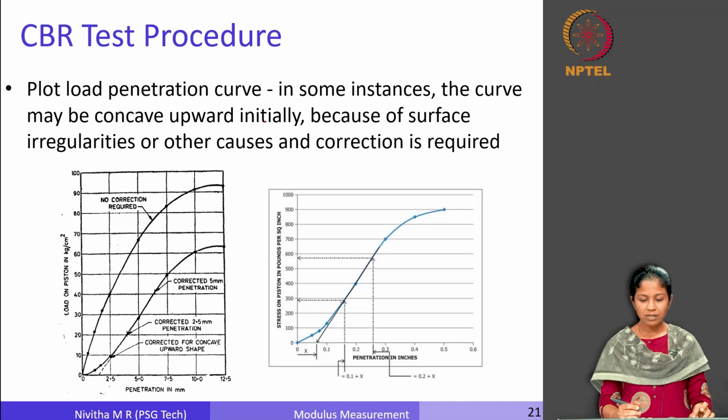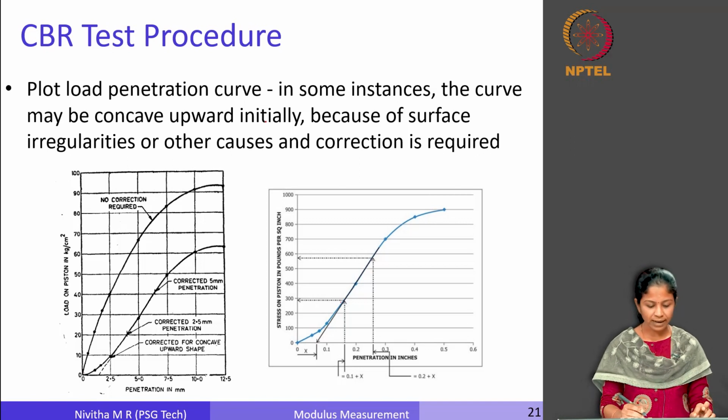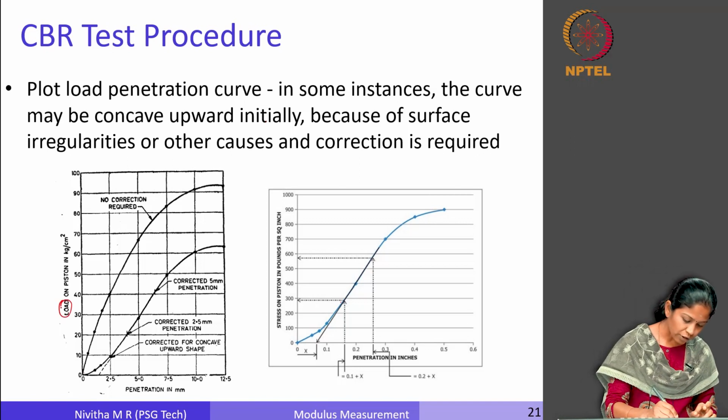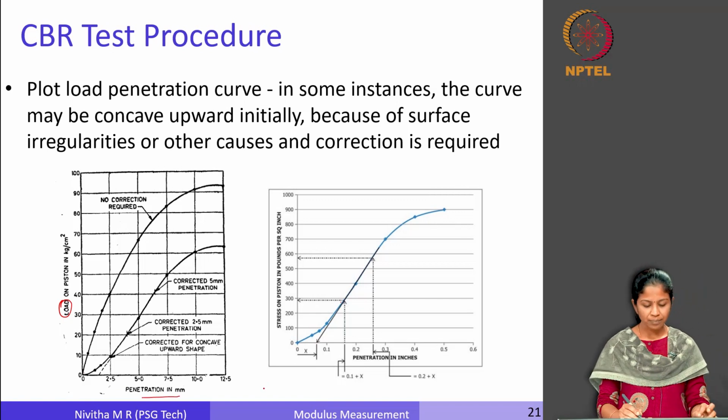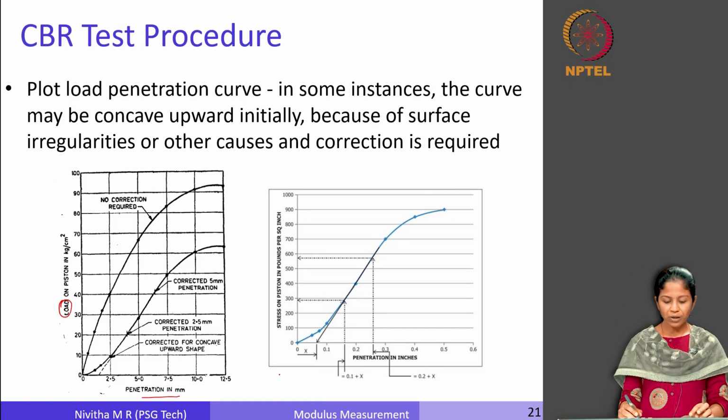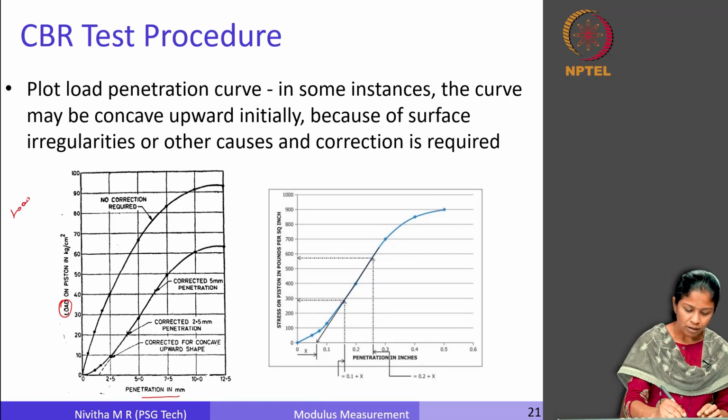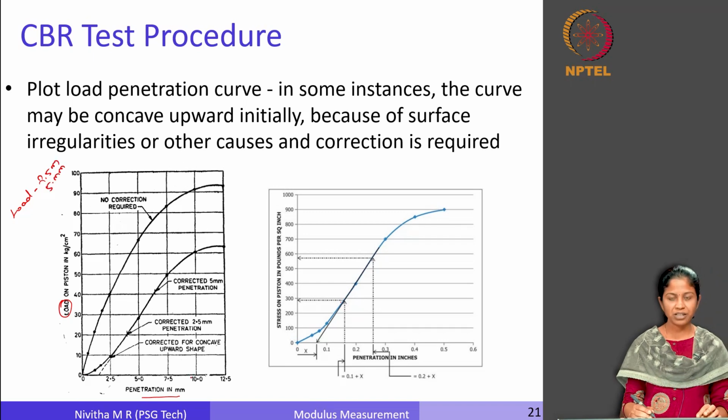Now, let us see how a load penetration curve looks like. So, this is load on the y axis and this is penetration in mm on the x axis, right. Now, we are required to calculate the load corresponding to 2.5 mm and 5 mm depth of penetration, right.